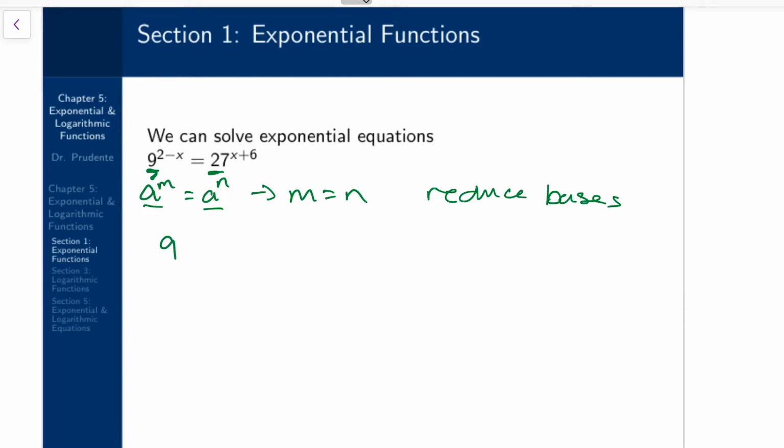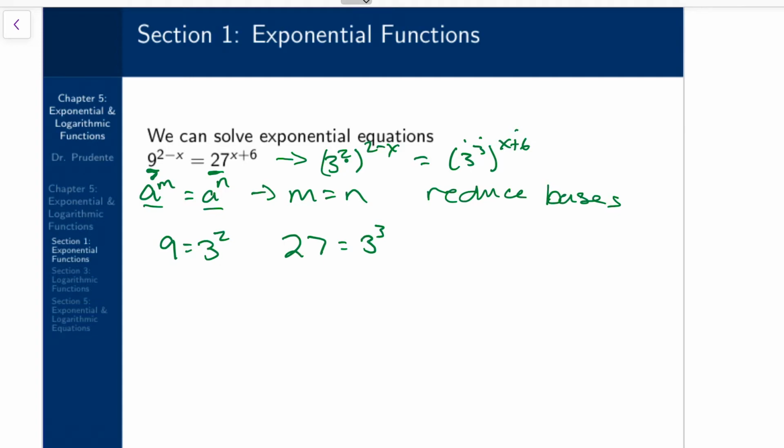And of course, we can think of 9 as 3 squared, and we can think of 27 as 3 to the third. So we can transform our original equation into something like 3 squared to the 2 minus x is equal to 3 cubed to the x plus 6. And still, our bases are not quite the same. We still have 3 squared raised to a power, or 3 cubed raised to a power.